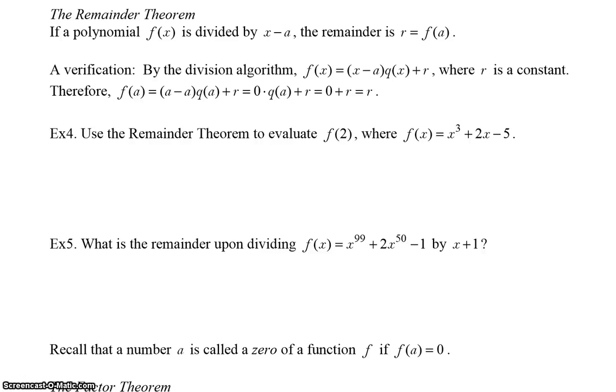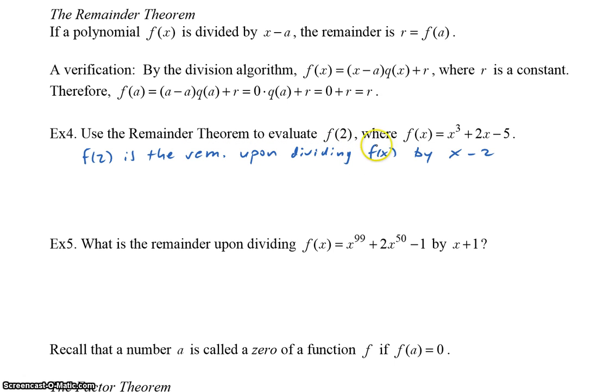But just to demonstrate how the remainder theorem works, what we would basically say here is that f of 2 should be the remainder upon dividing f of x by x minus 2, x minus a, where a is equal to 2.